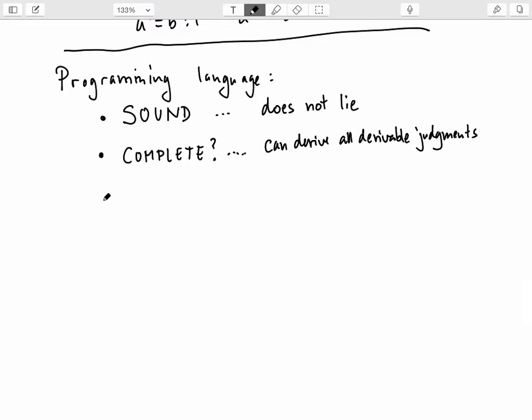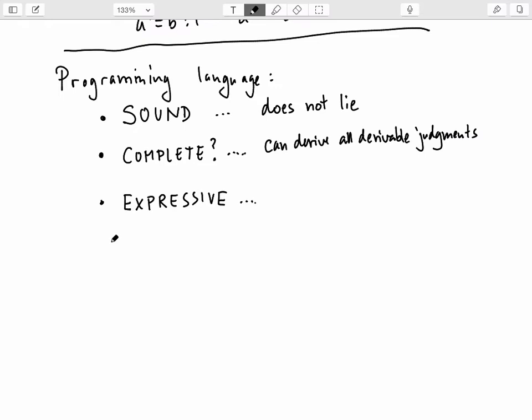Okay? And then, of course, this is a programming language exercise. The thing that matters most to most programmers in practice is expressivity. Right? Older programming languages typically sacrifice soundness for expressivity or efficiency.